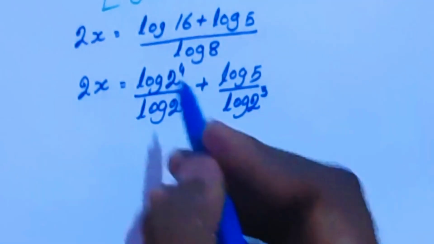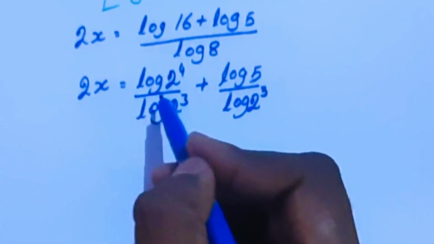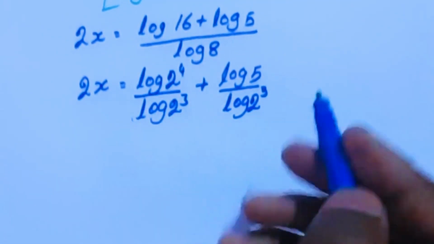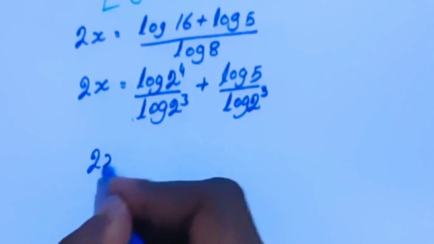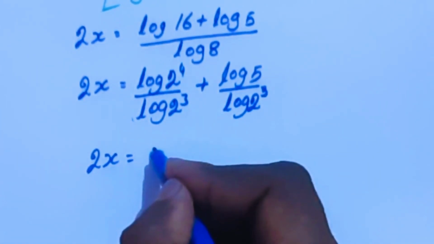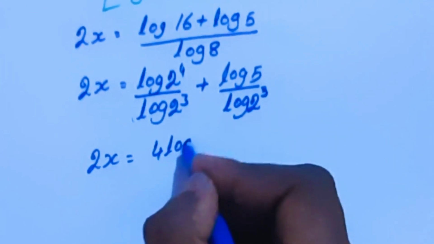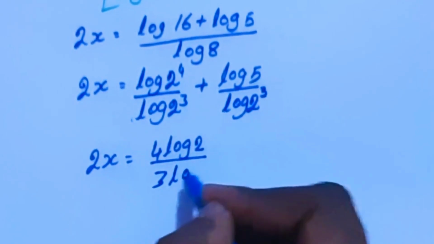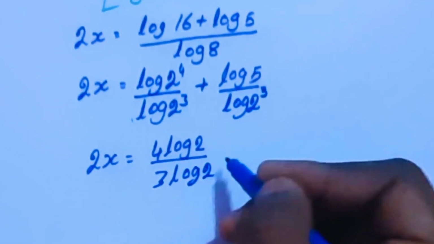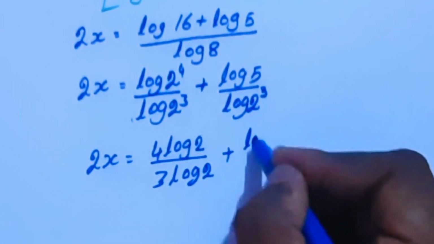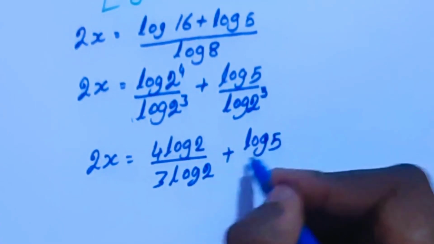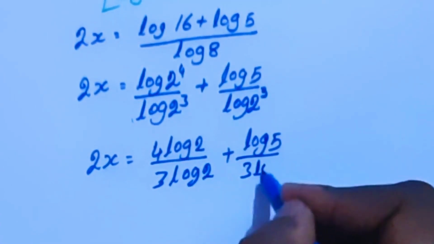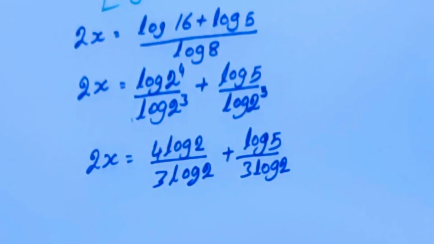Now we are going to implement the log power formula. So this 3 comes here. So 2x equals 4 log 2 by 3 log 2 plus log 5 by 3 log 2.